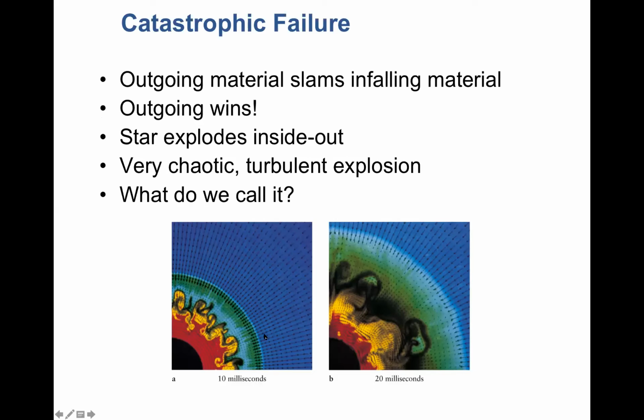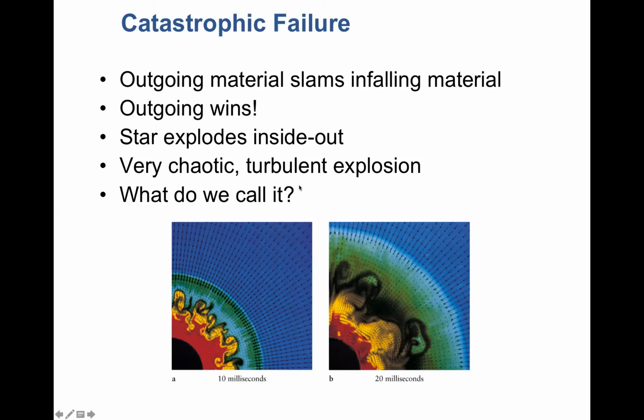You've got some diagrams down here that show you 10 milliseconds and 20 million milliseconds after the bang, not for any purposes other than to show you that this is not some nice, smooth, axisymmetric thing. It's very chaotic, it's very turbulent. But the whole thing will eventually be, all these arrows will be pointed in the opposite direction as the material from the inside bounces out dramatically, and the entire, at least outer parts of the star, explode from the inside out. It's a core collapse event.